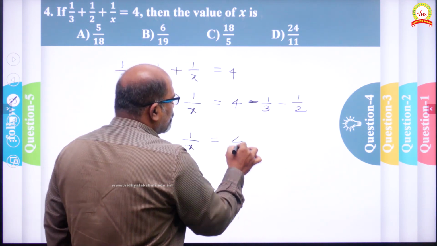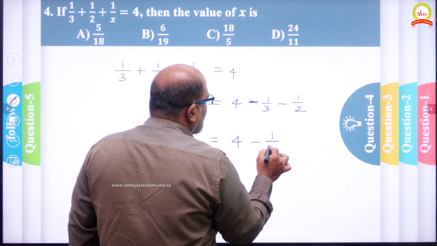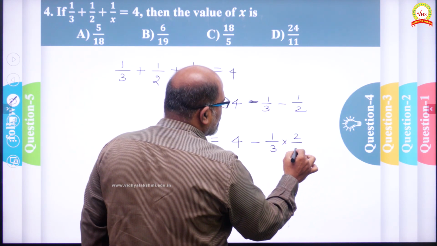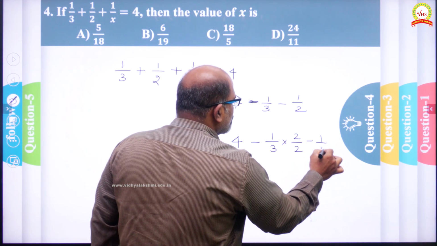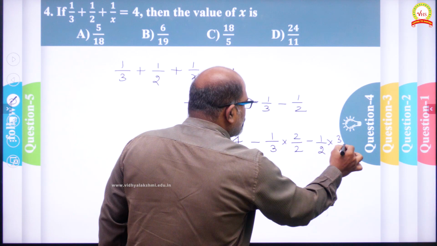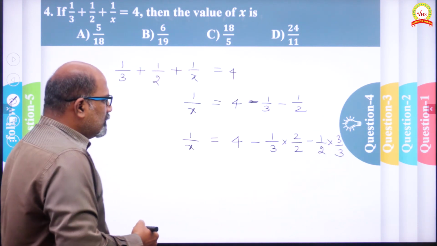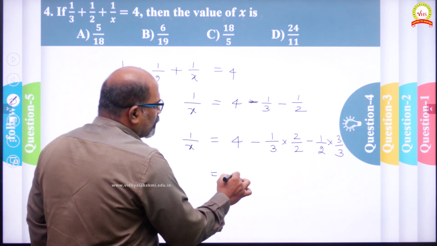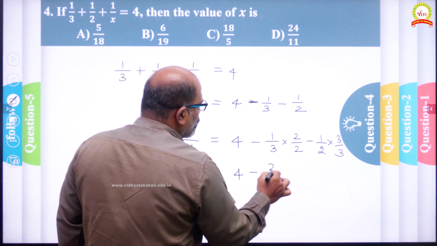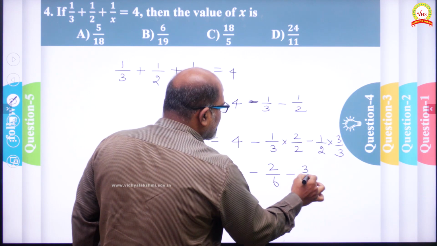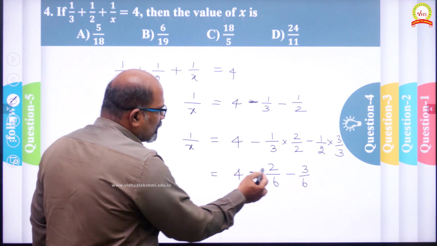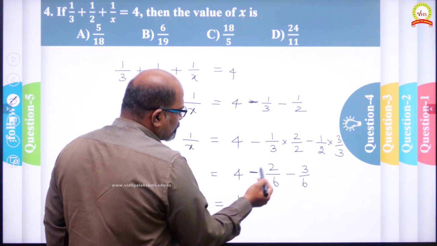I keep this 4 minus 1 by 3 multiplied by 2 in the numerator and 2 in the denominator. Then you can see 4 minus 2 by 6 minus 3 by 6.